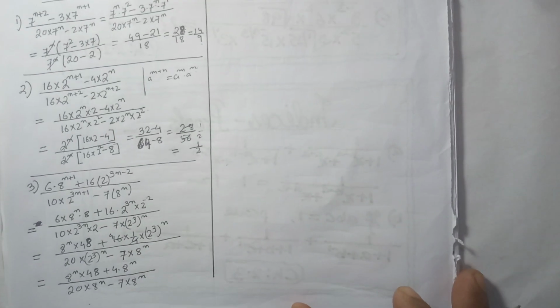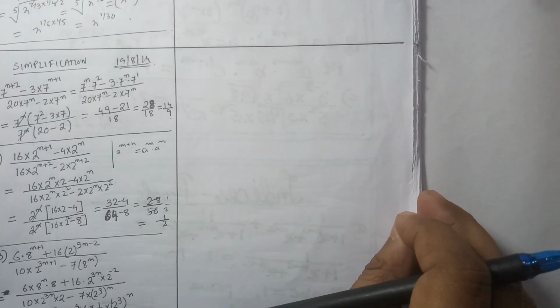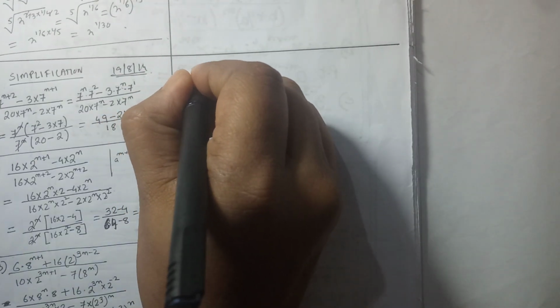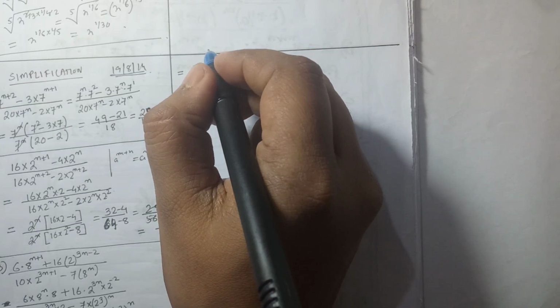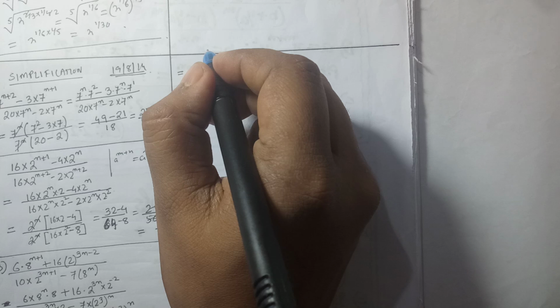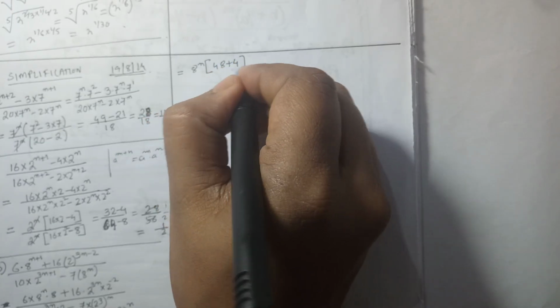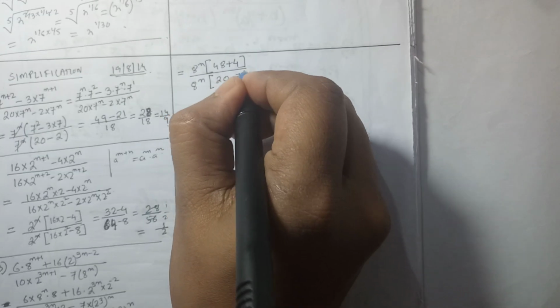Okay. So now I can take 8 to the power of n common from the numerator as well as from the denominator, right? So I can take 48 plus 4 by 20 minus 7.